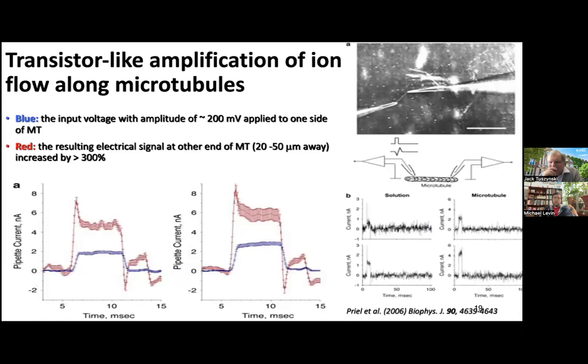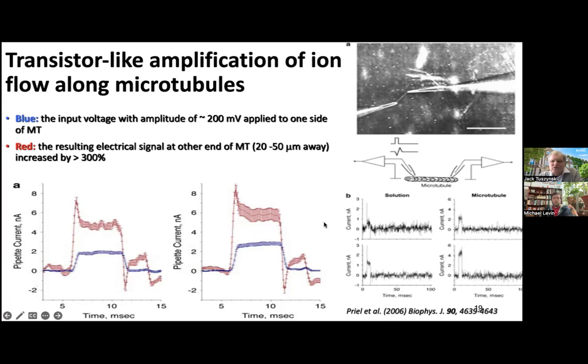We've done experiments, first of all, almost 20 years ago. These were the first surprising results, published in Biophysical Journal with Horacio Cantiello, who did the experiments, and we did some computational explanations.